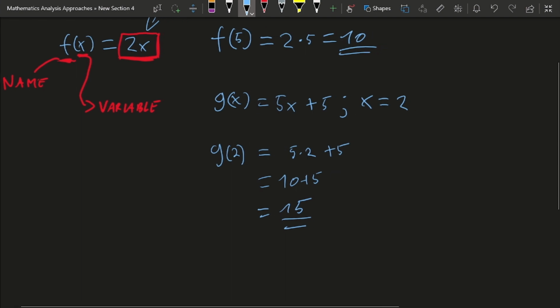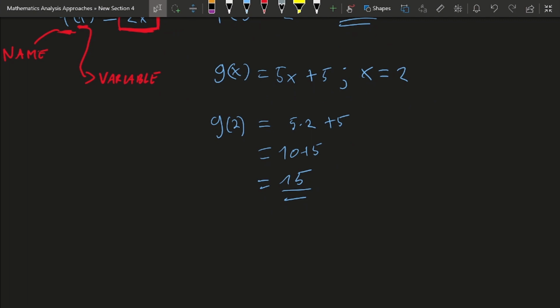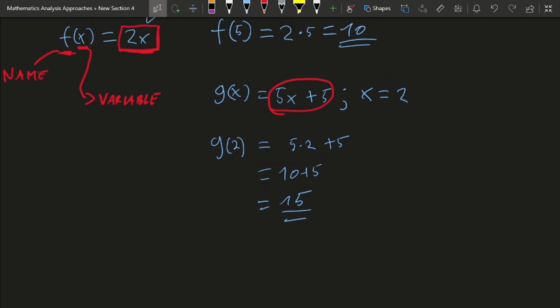These functions, where the x is not taken to any power, but it's multiplied or not multiplied, or it's just simply x, are called linear functions.